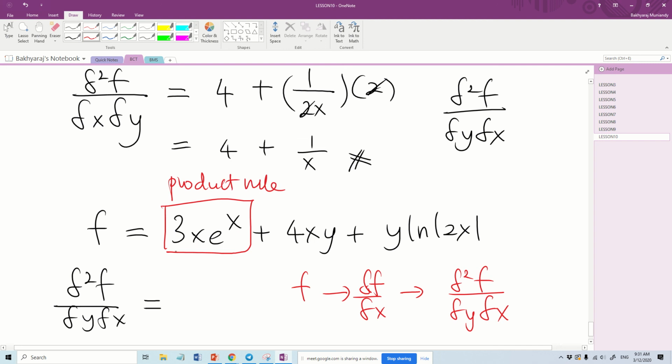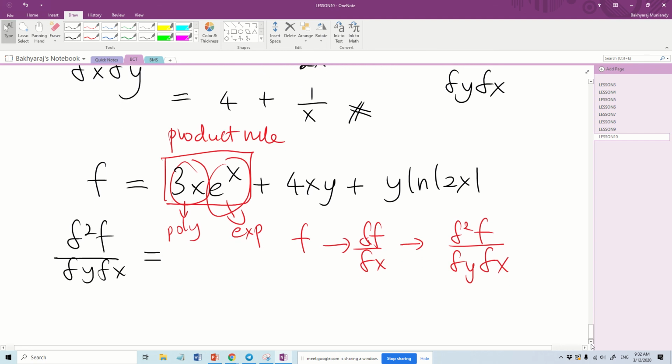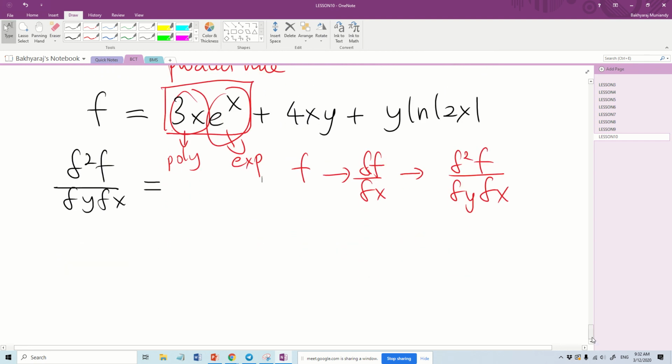This one is a polynomial, and this one is an exponent. So polynomial times exponent must use the product rule.